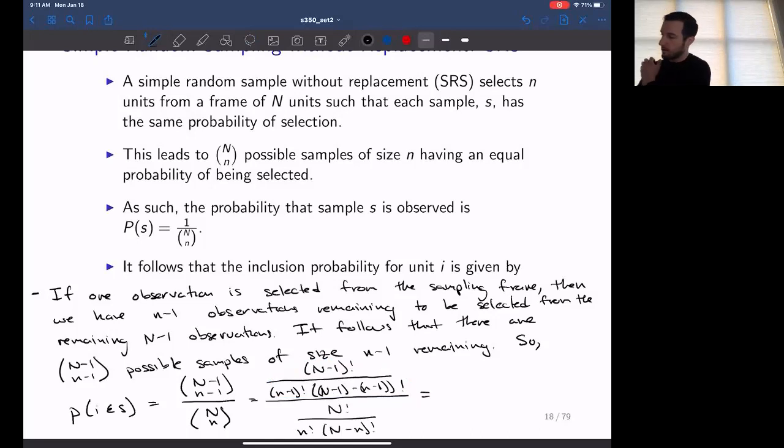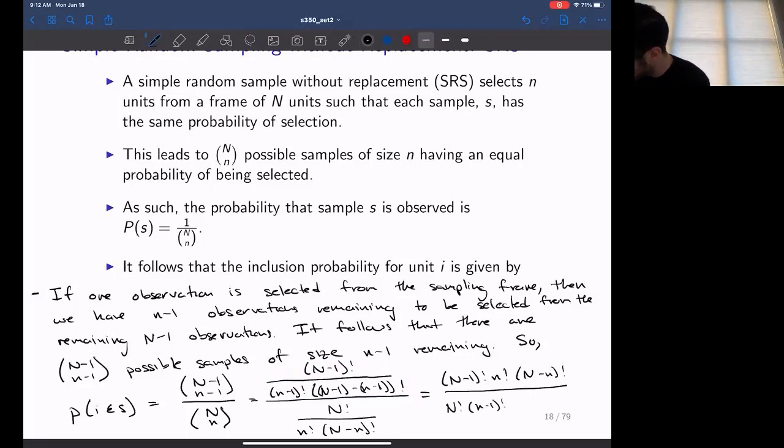Okay. And that gives us (N minus 1)! little n! over (N minus little n)!, divided by N! (N minus 1)! over (N minus n)!, which reduces to little n over capital N.